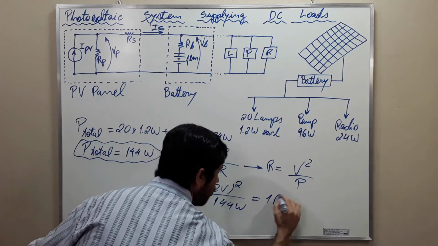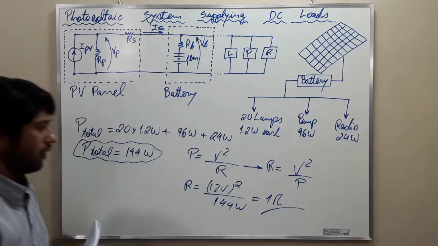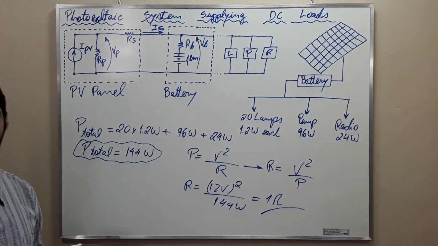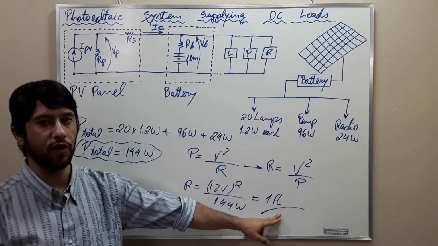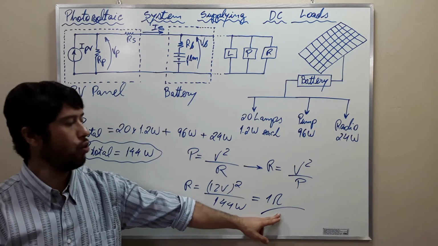And this gives 1 ohm. This is the result of letter A. The equivalent resistance of the parallel connection is 1 ohm.